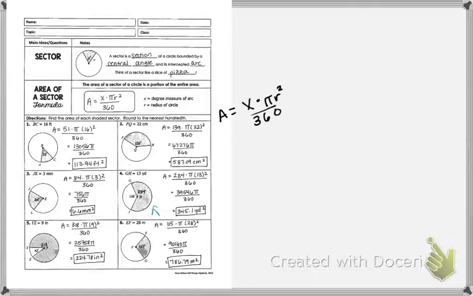How do I know how many degrees are in a circle? In case you didn't know, a circle is 360 degrees. So if I have 126 and I want to know the balance, I'm going to go 360 minus 126, and you're going to get 234.